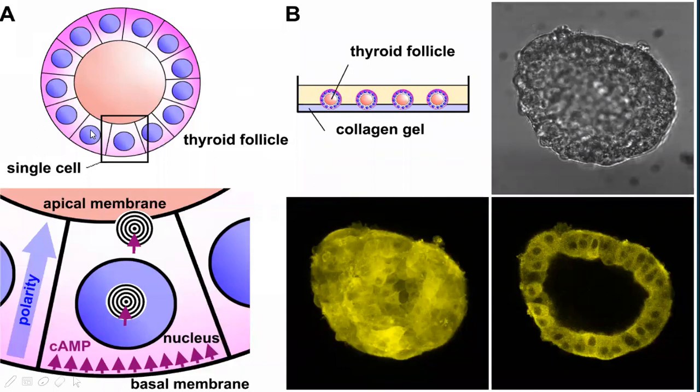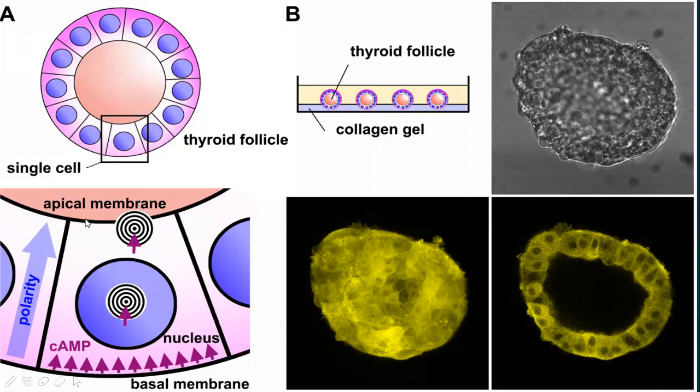In this thyroid follicle, the epithelial cells are cuboidal in shape. If you take a single cell, it contains three membranes: the apical membrane, lateral membrane and basal membrane.